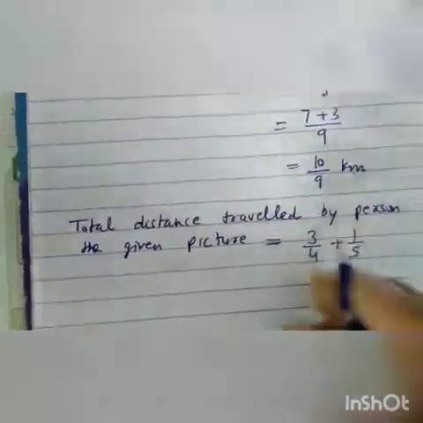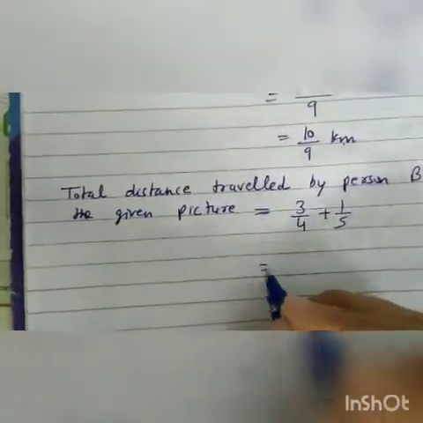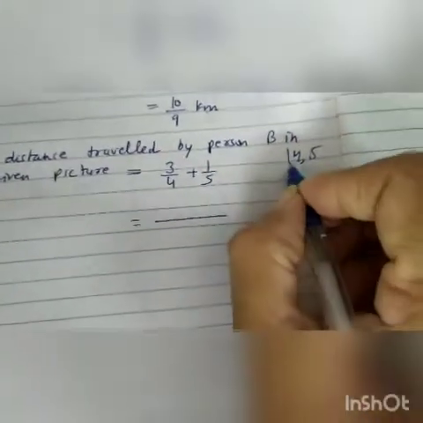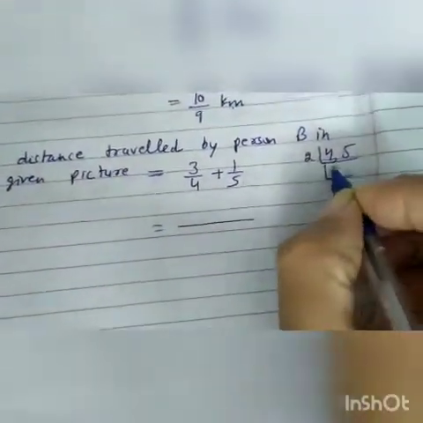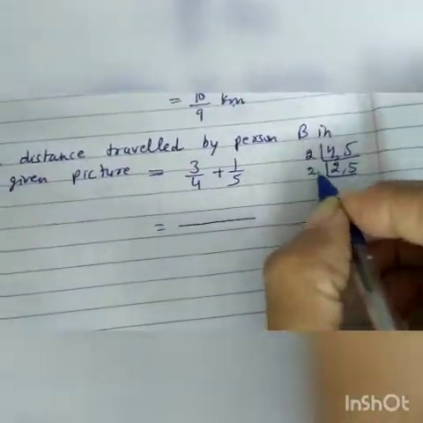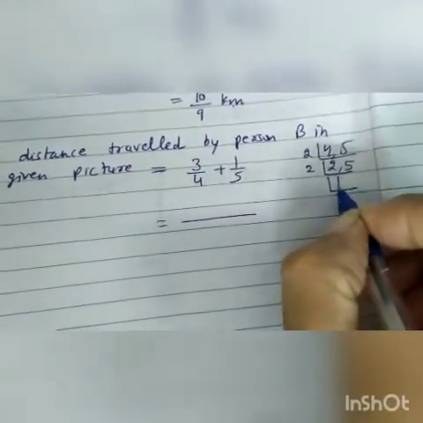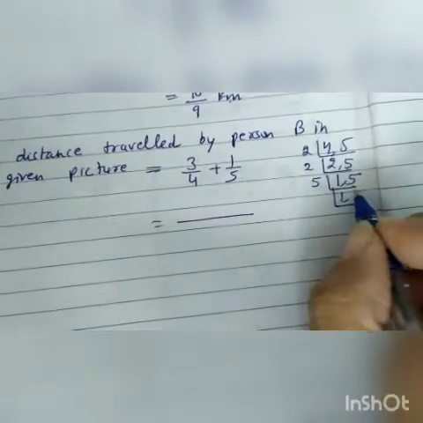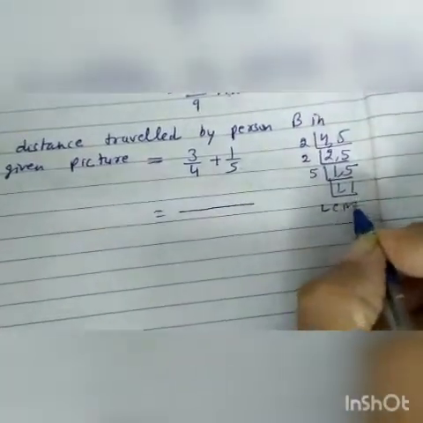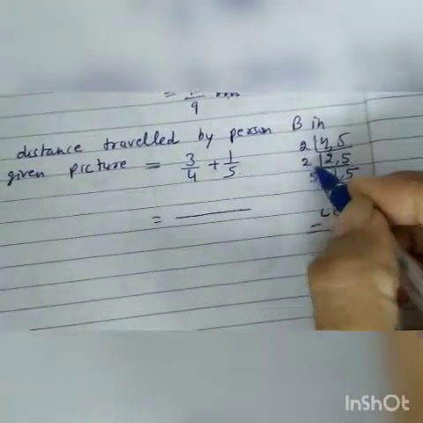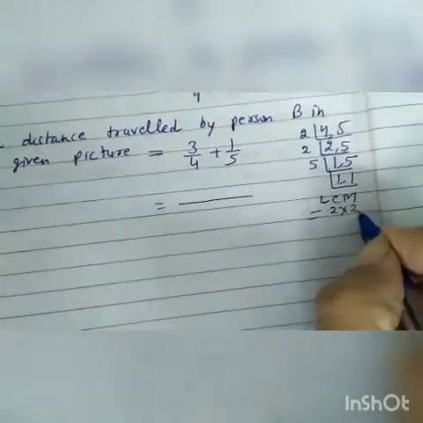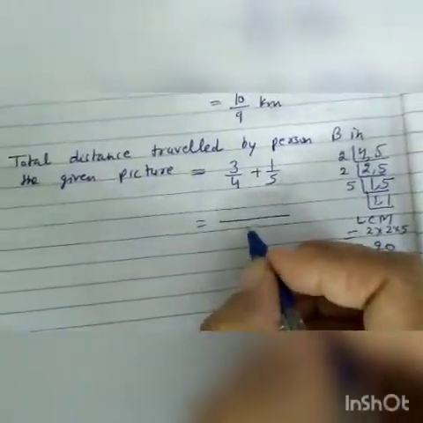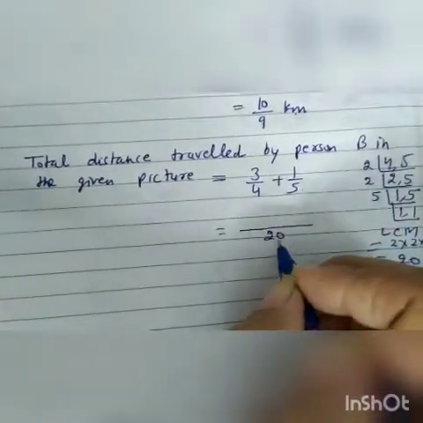3/4 plus 1/5. Again first we will find LCM of 4 and 5. 2 twos are 4, 5 will be written as it is. 2 ones are 2, 5, then by 5, 1 and 1. So LCM will be 2 into 2 into 5, that is 20. We have written 20 as LCM.